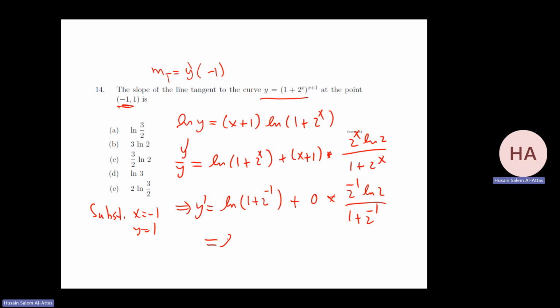So this one will be ln of 1 plus half, which is 3 over 2, plus 0, which is ln 3 over 2. That will be the answer.